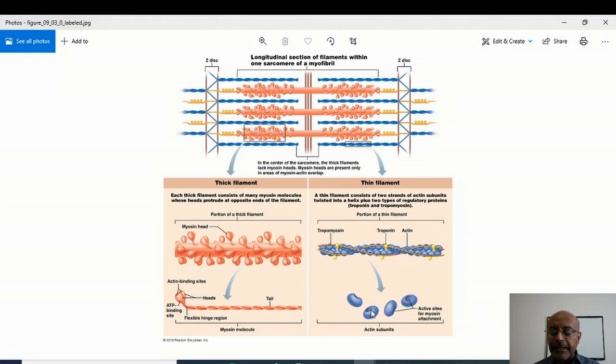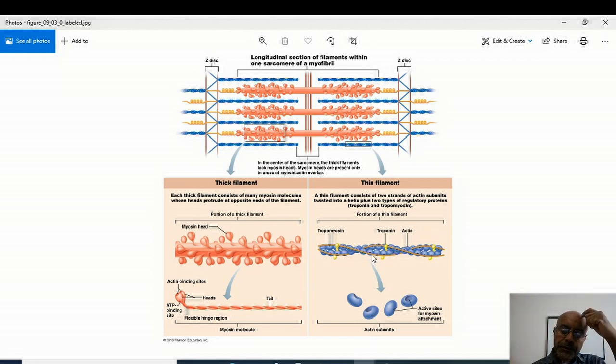These dimple-like parts of this bead-like structure are known as active sites. So during muscle contraction, this myosin head attaches itself to the dimples, which are known as active sites on the thin myofilament.